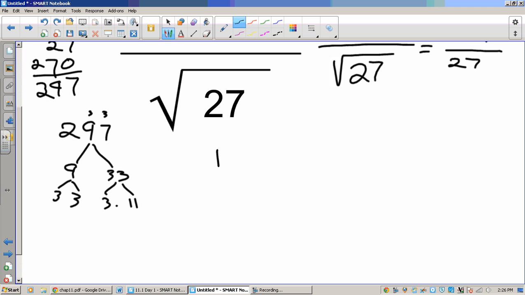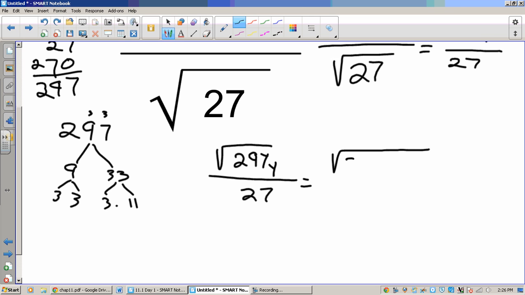So we know that the square root of 297y over 27 simplifies to radical 3 times 3 times 3 times 11 times y, all over 27.